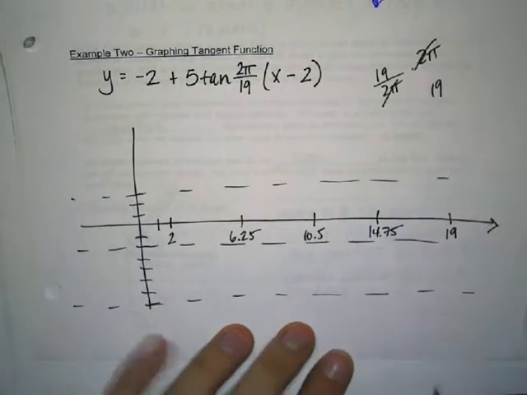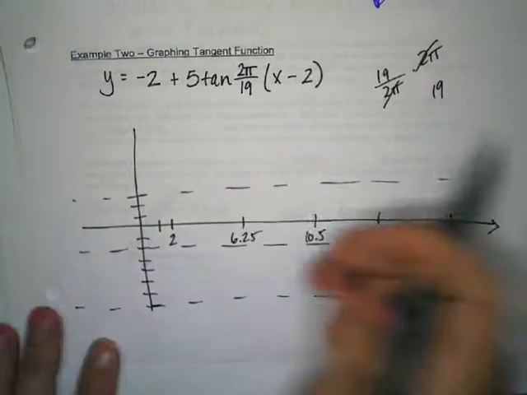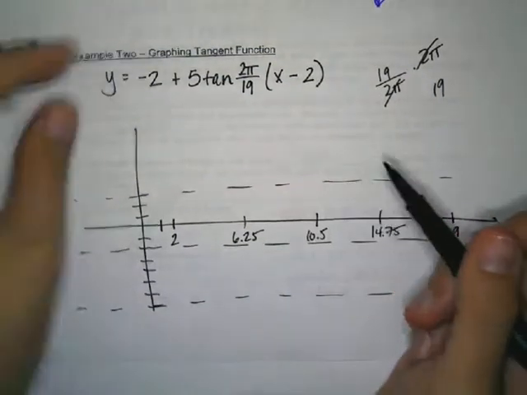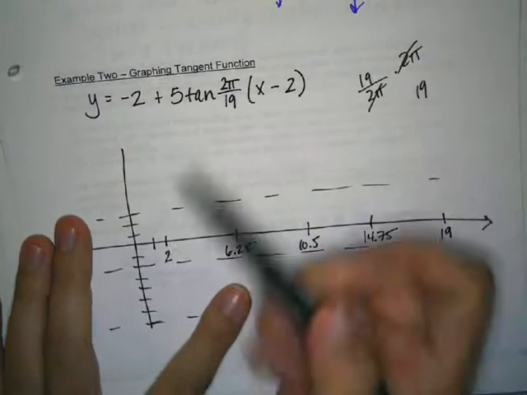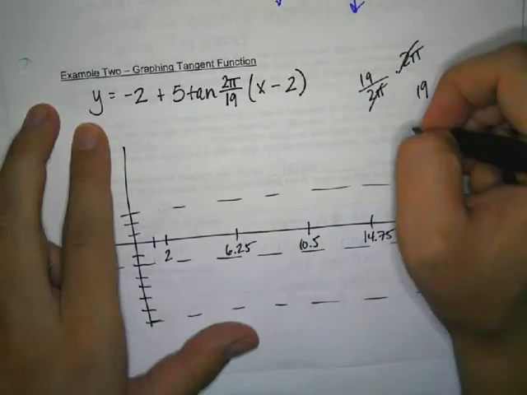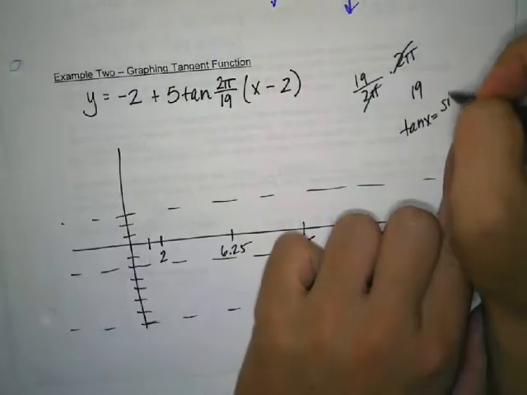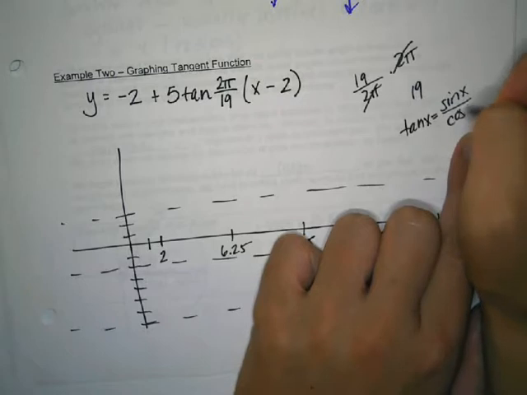Okay. Now I'm going to graph the sine function and the cosine function to show how tangent is related, because keep in mind that tangent is equal to y over x, or sine over cosine. Back to the unit circle.